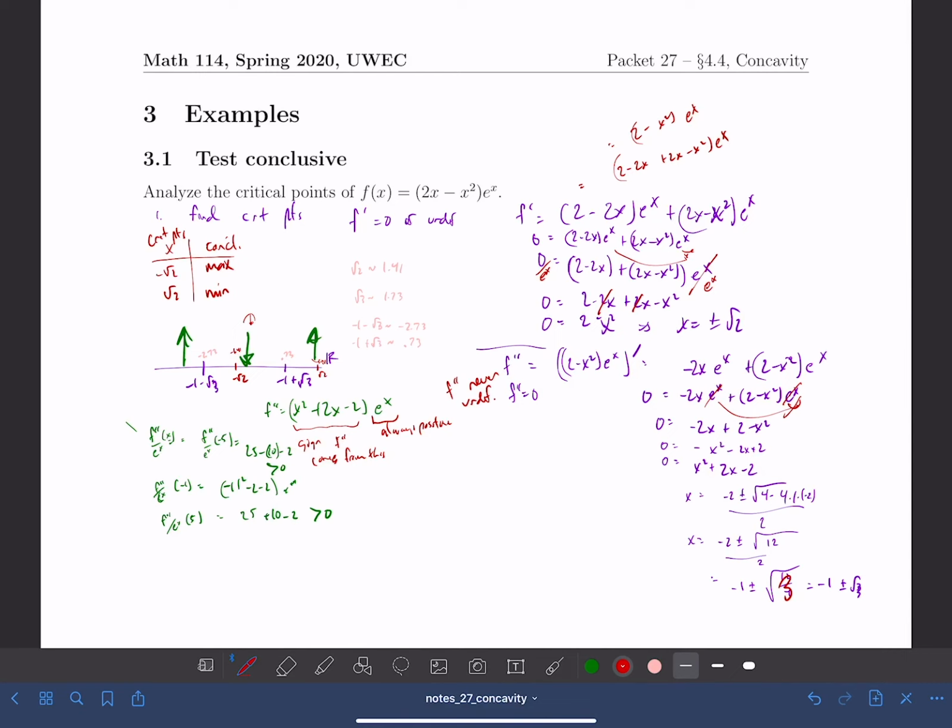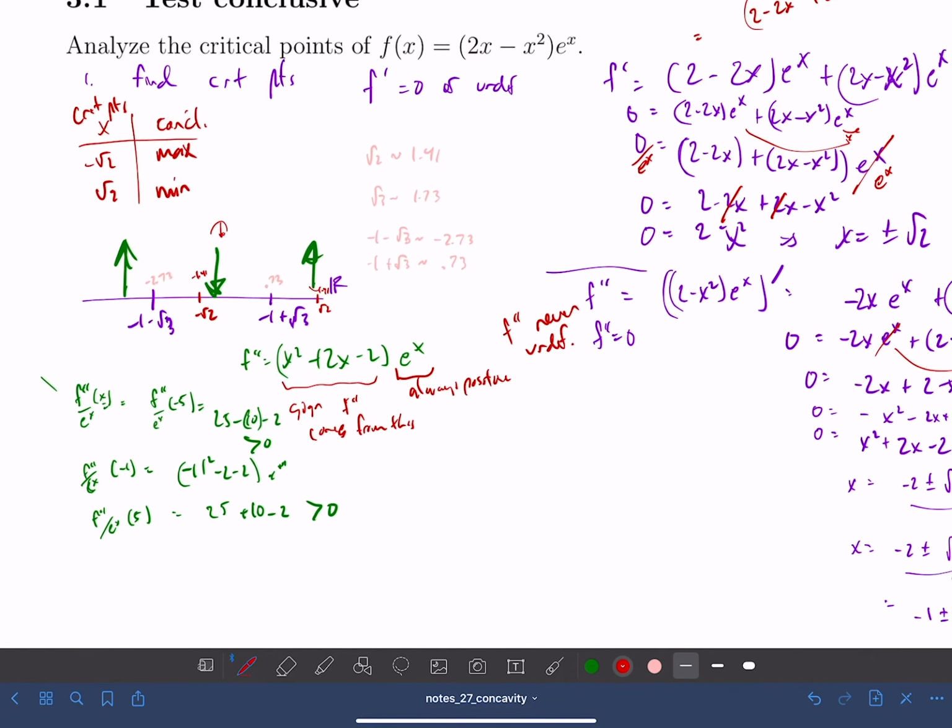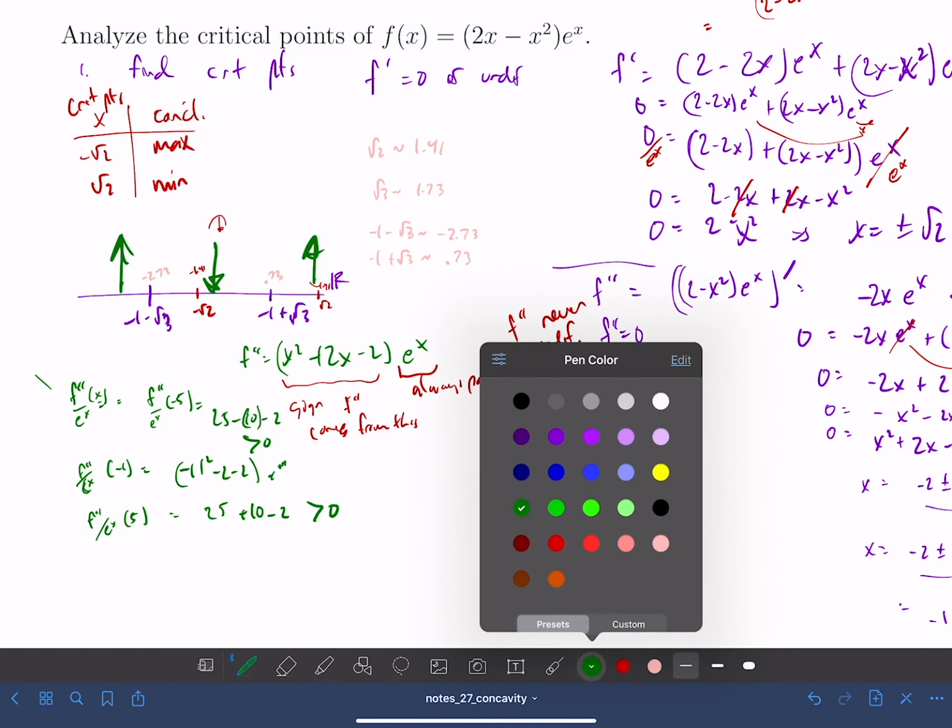Did I make a mistake? I think I might have messed up a sign somewhere. Oh, you know what? You know what I did? Yeah, okay. I found a major error in this, and it's a major error in terms of sign.